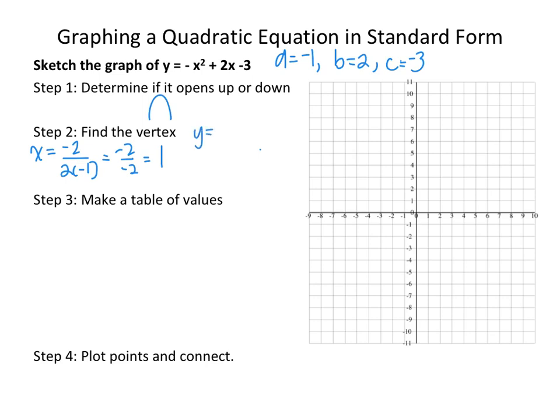Y is equal to negative 1 squared plus 2 times 1 minus 3. Remember PEMDAS, we're going to do this exponent first. 1 squared is 1, but I still have this negative in the front, so it's going to be negative 1 plus 2 minus 3. So negative 1 plus 2 is positive 1 minus 3 is negative 2. So I have a vertex at 1, negative 2.